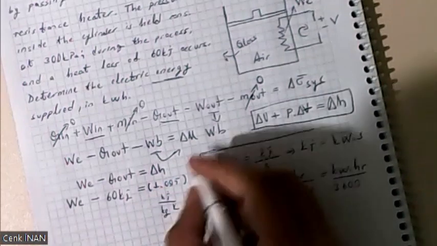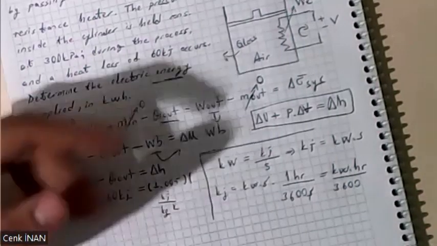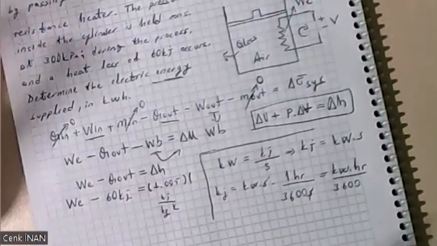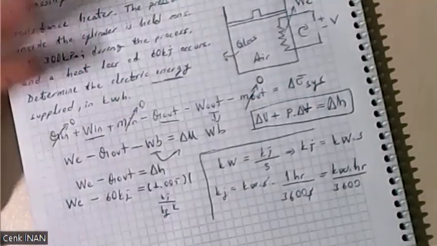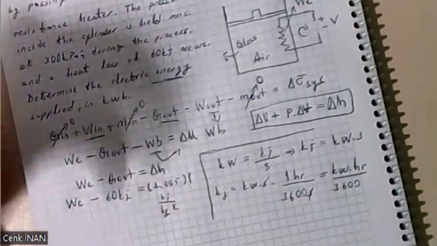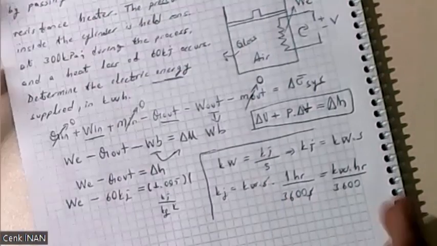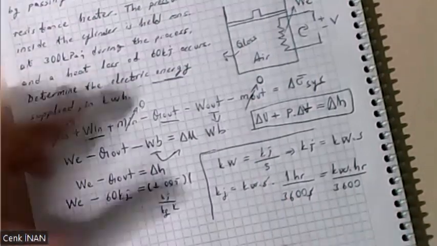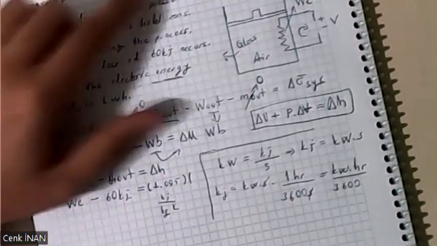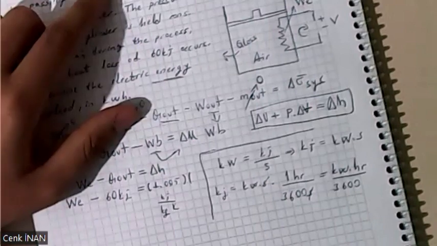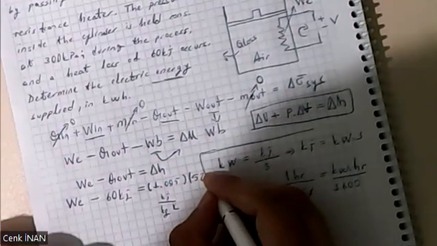What is the temperature difference? It is not necessary to convert these degrees to Kelvin, because whatever the units, the temperature difference does not change. So 77 minus 25 is 52.